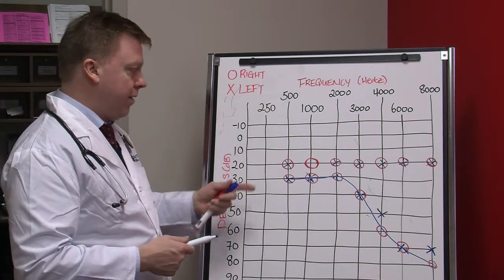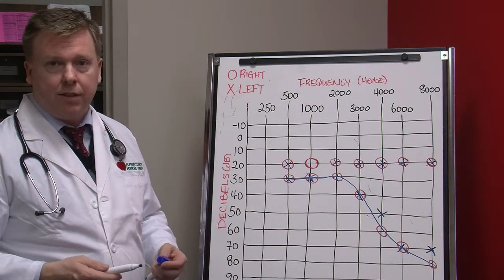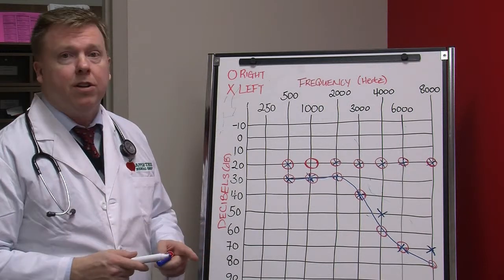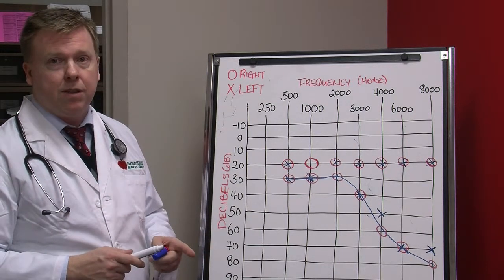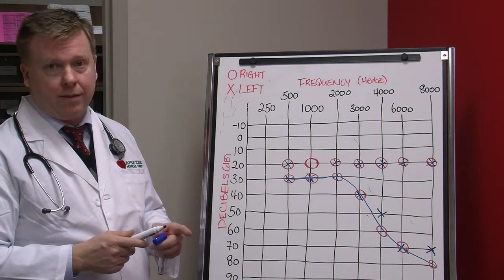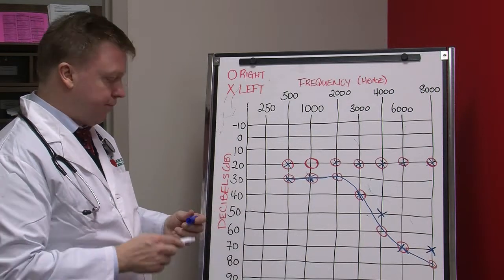If, on the other hand, only one ear shows a loss, the doctor in general would refer this patient to an ear, nose, and throat specialist, and most audiologists tend to work in an ear, nose, and throat practice. So they would then see the audiologist at the ear, nose, and throat practice.